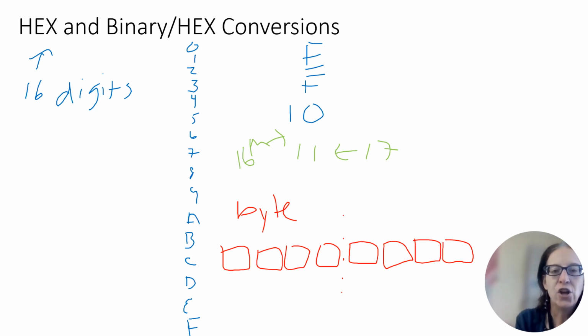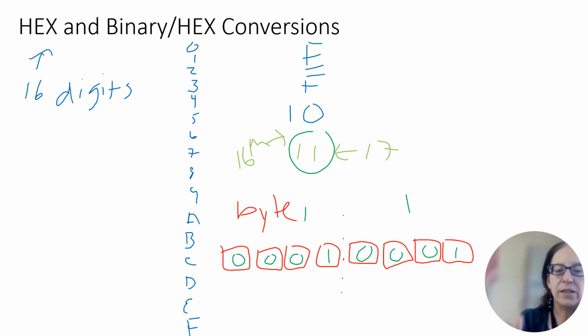So let's say you had the hex number 1, 1. What you would do is take each 1 and break it up into its binary equivalent. So 1 in binary is 0001, and then you'd have 0001. And so your binary version of hex 11 is 0001 0001.